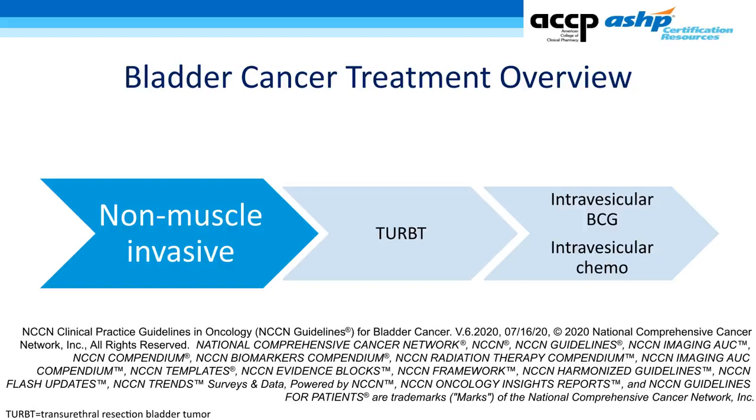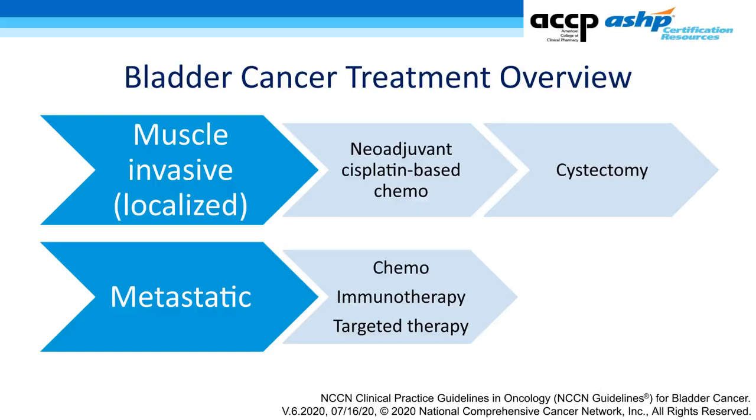Big picture summary of the treatment of non-muscle invasive bladder cancer, which is the vast majority of all cases of bladder cancer. Like 70 to 80% of all bladder cancers in this country are non-muscle invasive bladder cancer, which is usually treated with TURBT, and then intravesicular BCG and intravesicular chemo. The intravesicular treatments are localized treatments inside the bladder as a mainstay for non-muscle invasive bladder cancer.